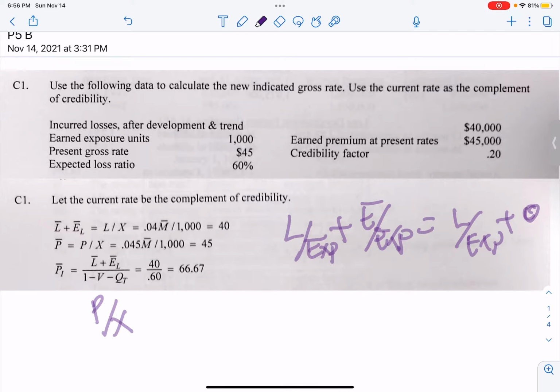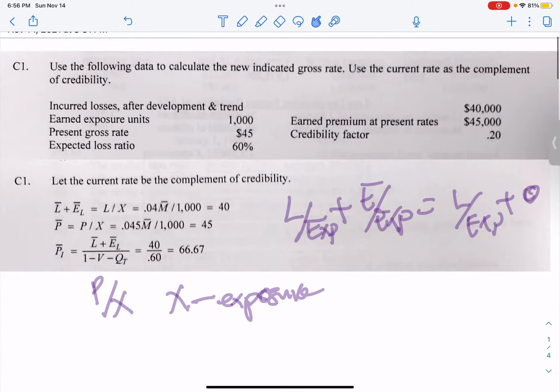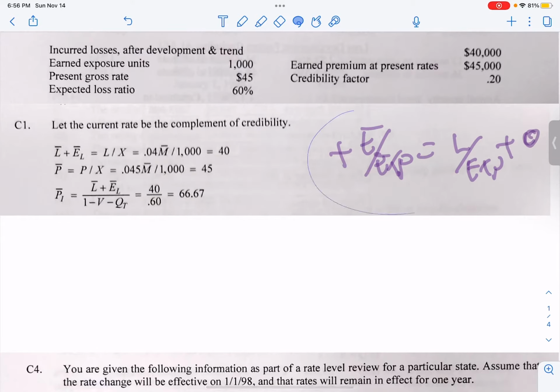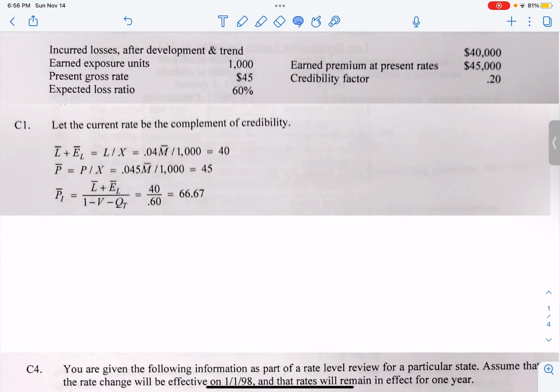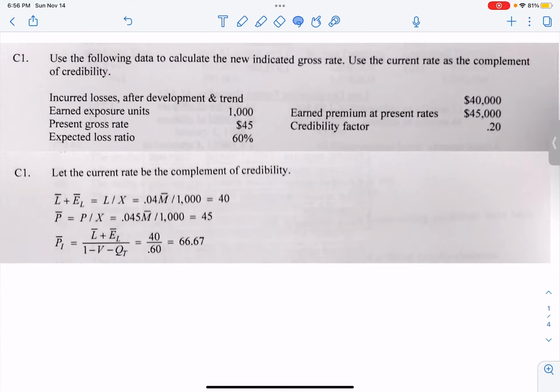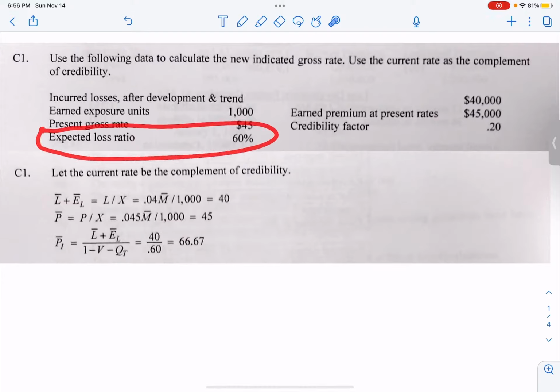The exposure given in the solution is denoted as X. So now with all the parts given, we can calculate the new indicated gross rate to be the loss per exposure and the expenses per exposure, all divided by the permissible loss ratio, which is similar to the expected loss ratio.